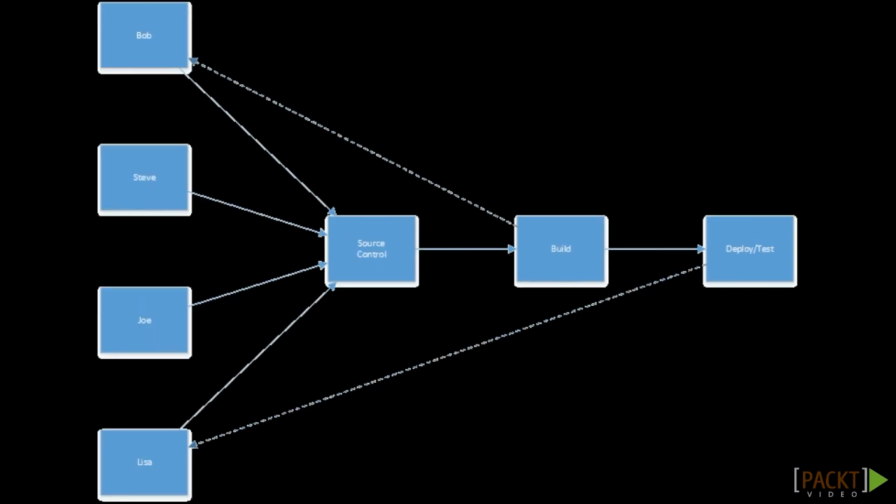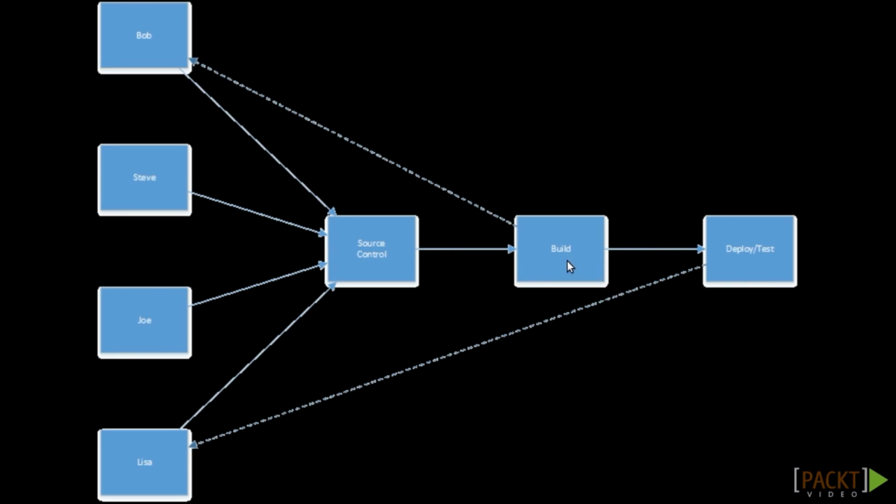What if we have multiple developers and Bob has to share the glories that he has with Steve, Joe, and Lisa? In this particular case, all these developers are going to be working on their projects and their assignments simultaneously. Their fixes get checked into source control, and then pulling from source control is your build process.